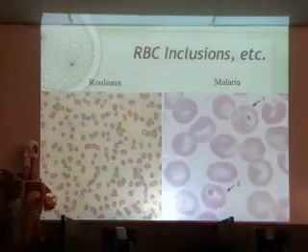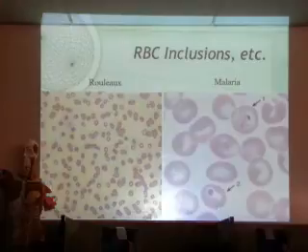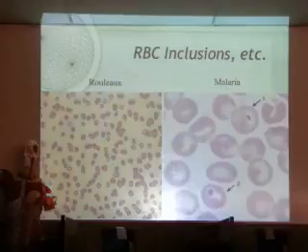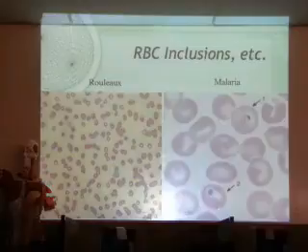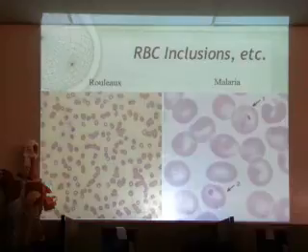But malaria can be found in red cells. And do we see malaria here in Hawaii? Actually, we can, because people go to malaria-infested places and come back with it sometimes, especially soldiers. At Tripler, sometimes they find it more often than the rest of the hospitals.